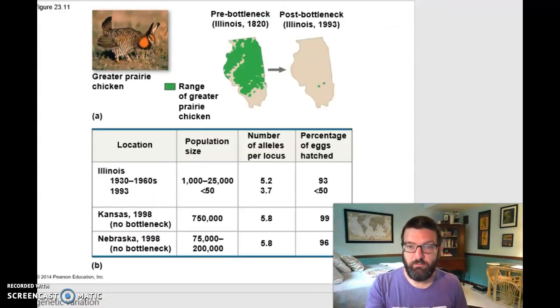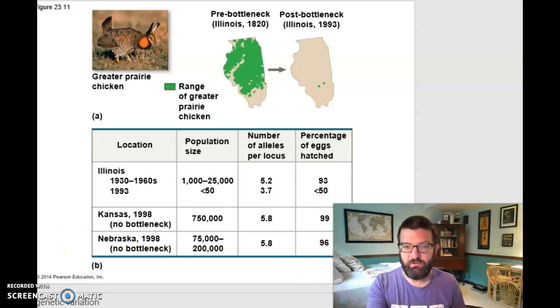Now, this was a big problem for this Illinois population of the greater prairie chicken, which again had lost significant amounts of their range and suffered a bottleneck in population. But in other populations, Kansas and Nebraska, that had no bottleneck, they didn't have the same lack of genetic diversity, and they didn't have the same issue with percentage of eggs hatched.